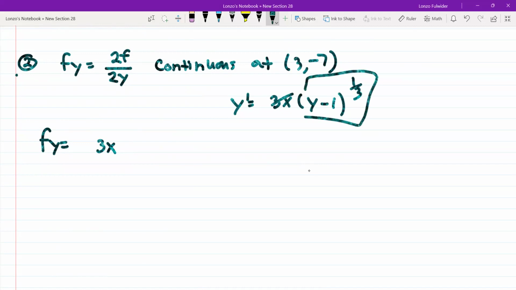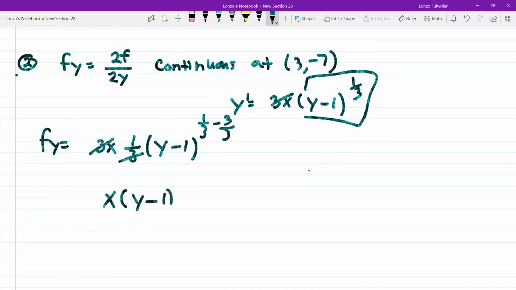Do you apply the power rule? So it would be 1/3 (y minus 1), and then old power minus 1. So 1/3 minus 1 or 3 over 3. So over here the 3's cancel. So you're left with x (y minus 1) to the 1/3 minus 3, which is negative 2/3. Then all you've got to do is plug in your point, 3 comma negative 7.